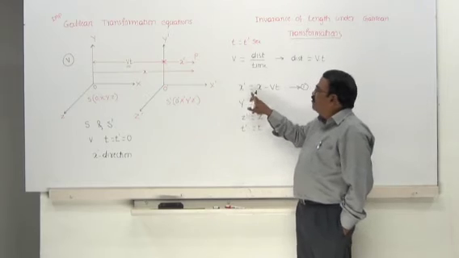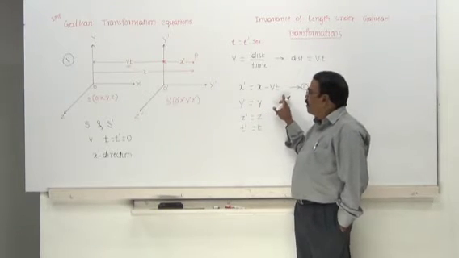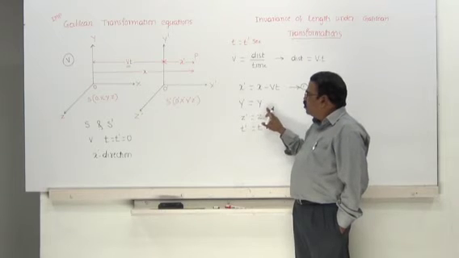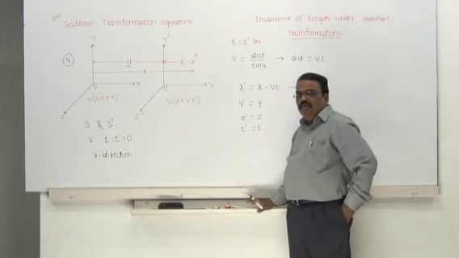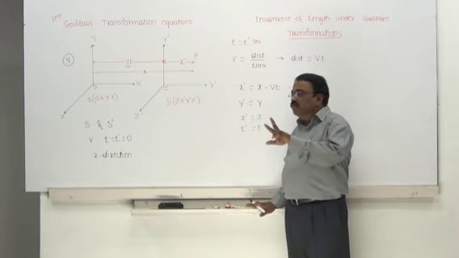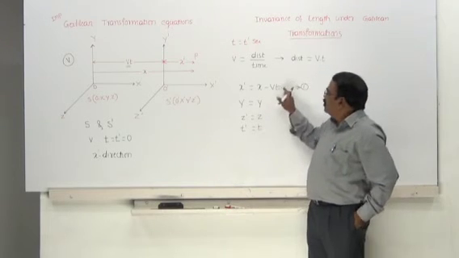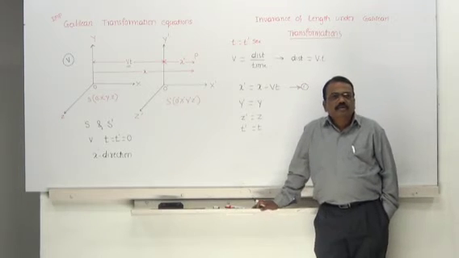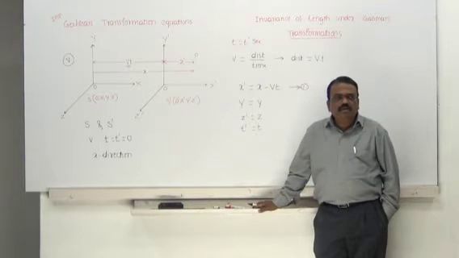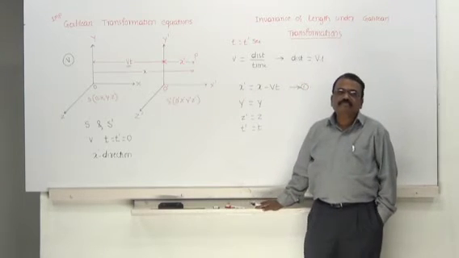Now from the figure we can write this as x dash is equal to x minus vt, y dash is equal to y, z dash is equal to z because they are parallel, and t dash is equal to t. The time shown by the two clocks in two frames of reference is the same. These four equations provide the relationship between the coordinates of two frames of reference.